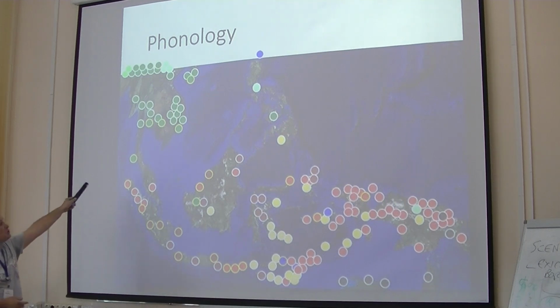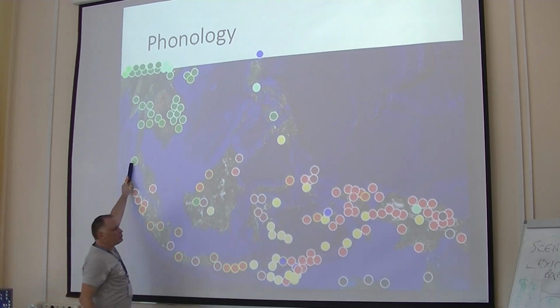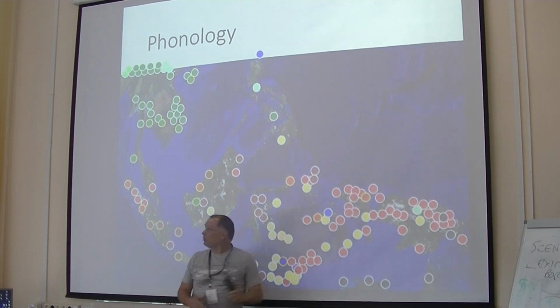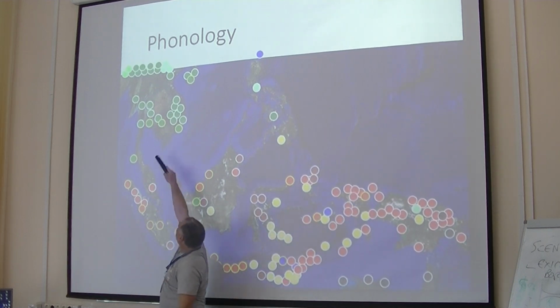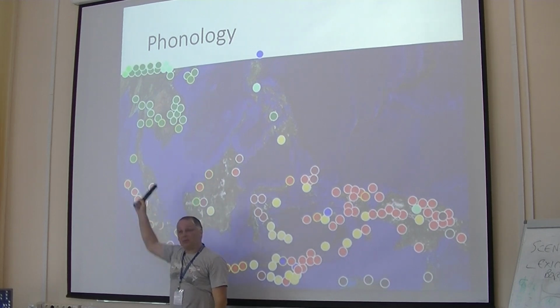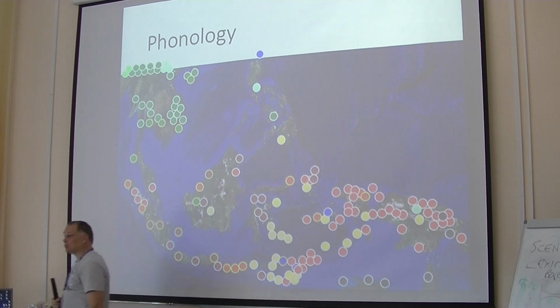We know that those ones with the yellow rings are Malayo-Sumbawan. Genealogically, that language is close to that language. Phonologically, those languages are mainland Southeast Asian, indistinguishable from their mainland Southeast Asian neighbours.